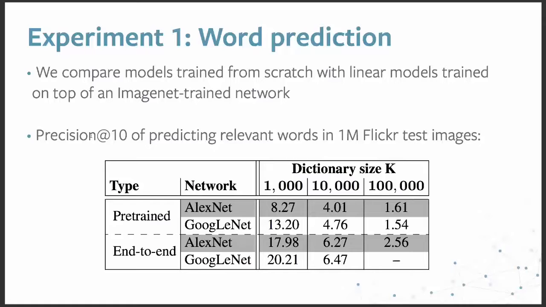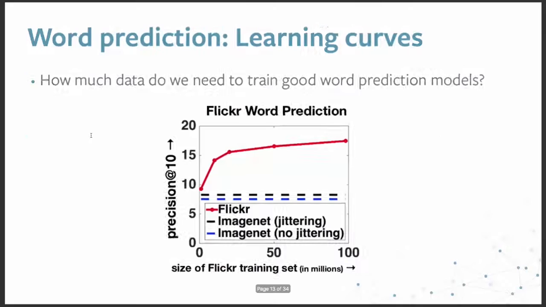I mean, it's kind of obvious because you are fine-tuning on the same data, but this is pretty good. Then now you can ask yourself, how much data do you need? I mean, how does that scale with data? So here we look at the score for prediction if you increase the number of images you use for training. It's not very surprising, but as you increase the training set, you get better and better performance.